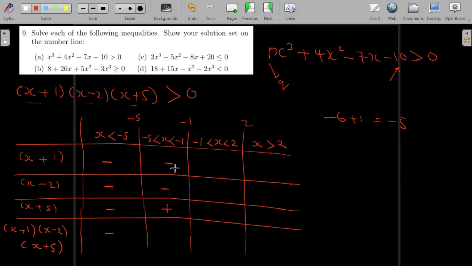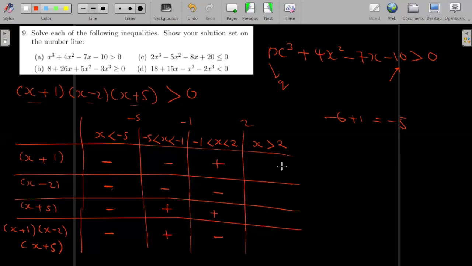I multiply negative by negative to get positive, and positive by positive gives positive. Now choose values between -1 and 2. I choose 0. Put 0 there, I get a positive, there a negative, and there a positive. Positive by negative gives negative, negative by positive is still negative. So this will give me a negative.